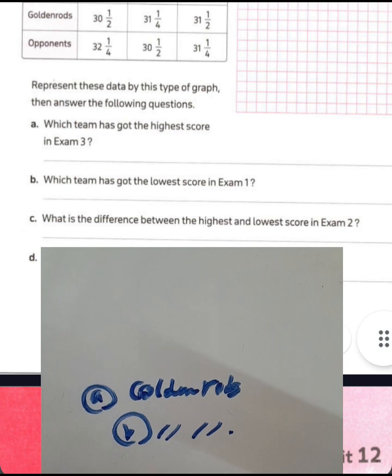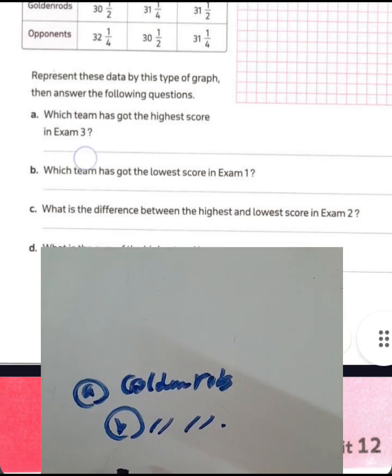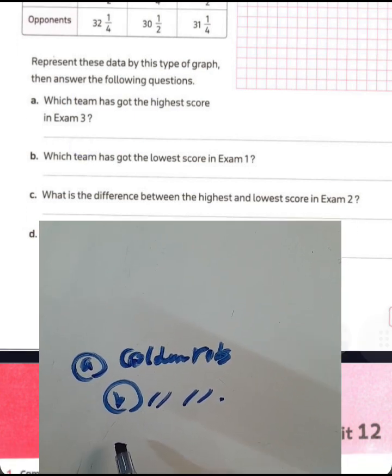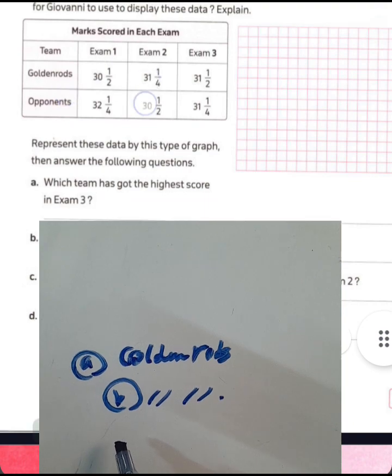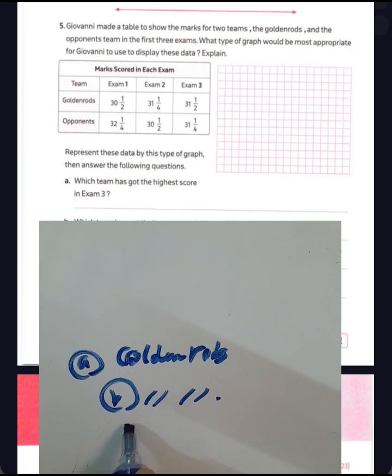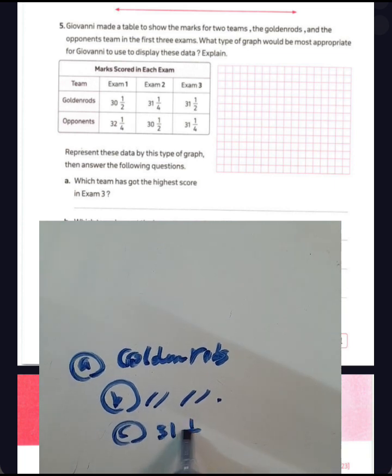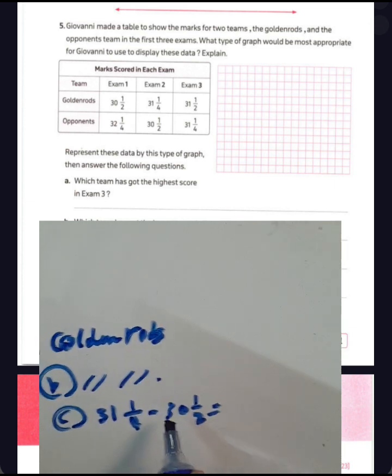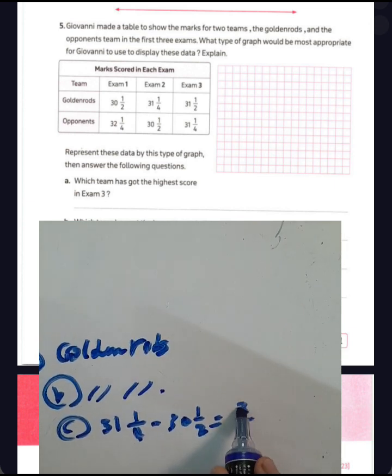Question letter C. What is the difference between the highest and lowest score in exam number 2? We can find the difference between two numbers here. 31 and fourth subtract 30 and half. We have 3/4 marks.